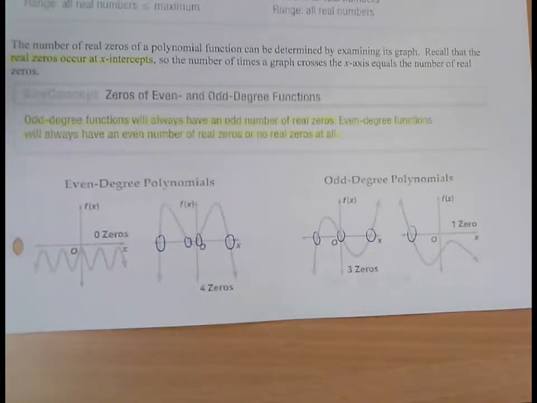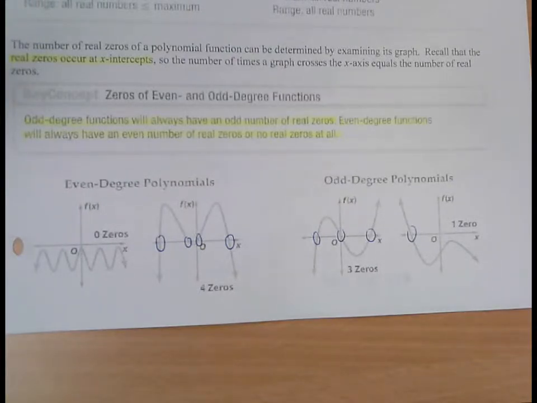I do want to draw your attention back up here. A quadratic is an even degree and has to have an even number of zeros. This graph, you can clearly see there's 2. This graph, you can say there's 0, which is fine. This graph only has 1, but 1's an odd number. This is called a double root. If you wanted to draw this on your sheet and write it, you can, you don't have to. I'm just going over this because I had it drawn on the board.